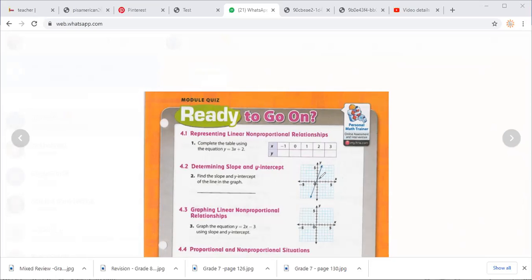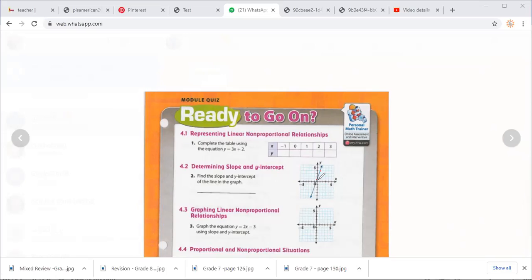So we have to determine 2 points, for example 0 and 1. And what else? The second point which we can use, we can say 1 and 4, for example. After that, what do we have to do, Johanna? We will count how many units up.